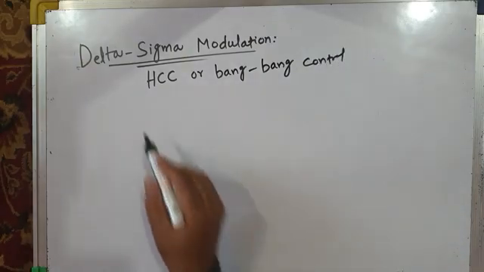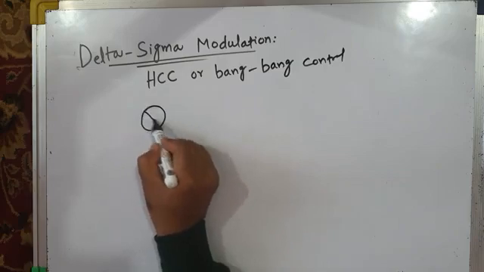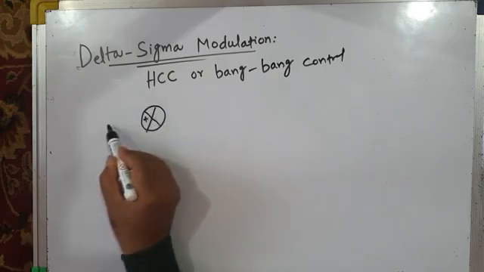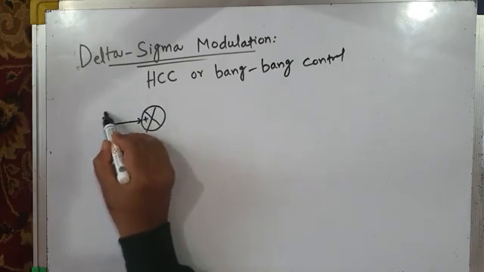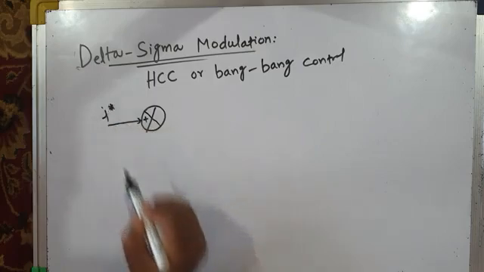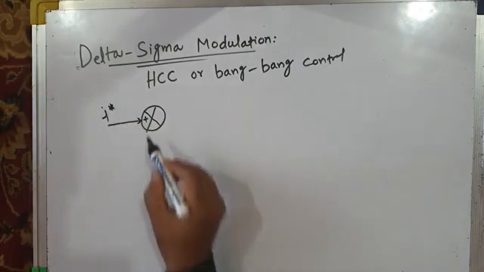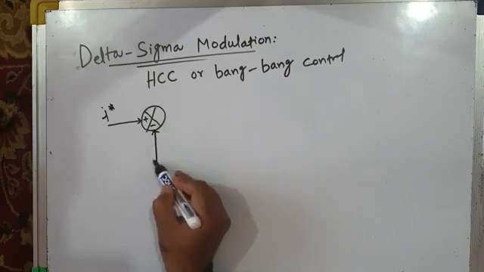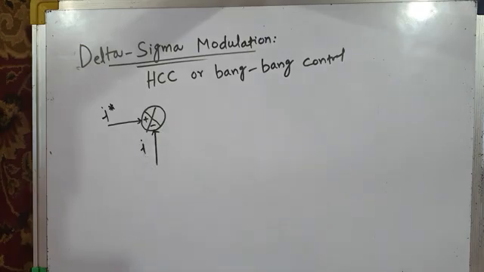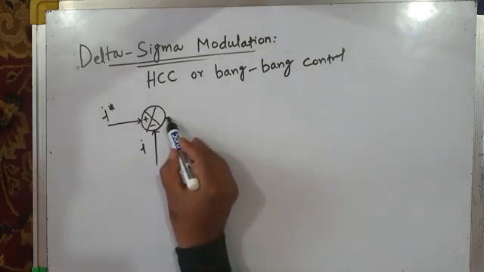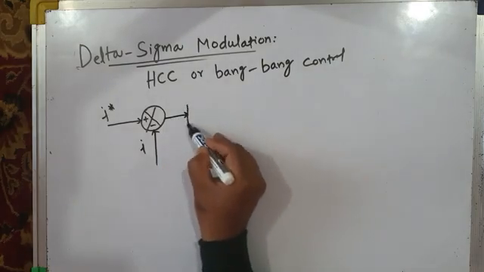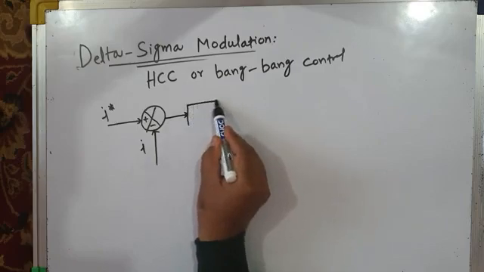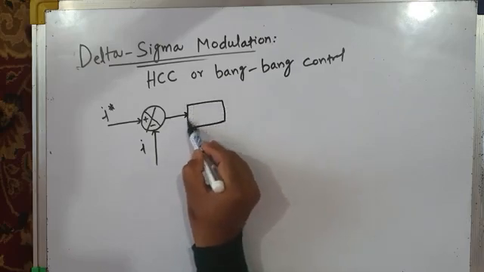If you remember, we generated a sinusoidal reference current. Let's call that current I star. We compared that sinusoidal reference current with the actual load current I, and the error between the two currents was given to a hysteresis current controller.